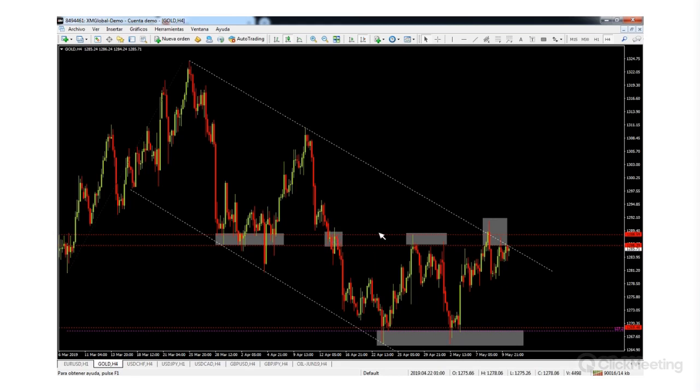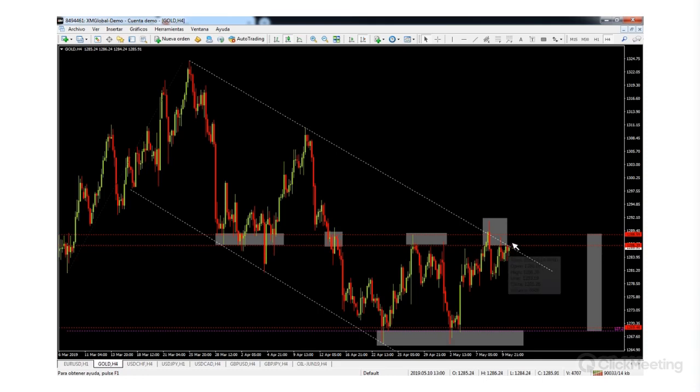Now, this big range right here, from the highs of 1288 to the lows of 1269, is a big range that we are trading in. And right now, there is a big battle between bulls and bears at the top of the range. We already tried to fake out once, and boom, bears slammed price down.